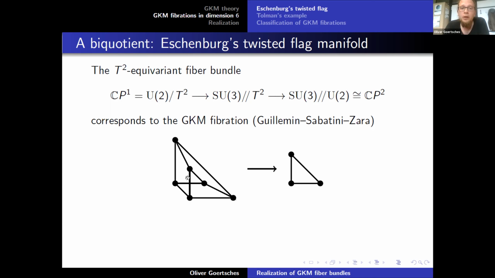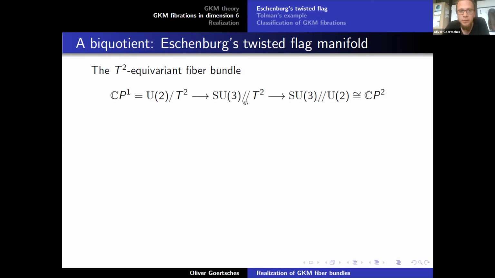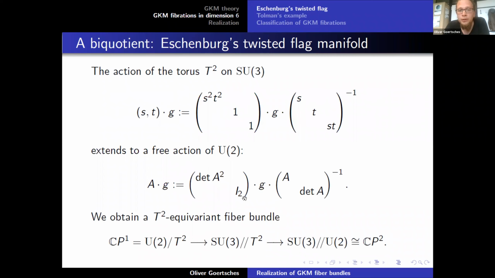On the other hand, one sees that this T2 action also commutes with this projection here. So let me go back here. The T2 action also commutes with this action of U2, because on the left I still just have diagonal matrices. Here I have something non-diagonal, but on the left I have only diagonal matrices.